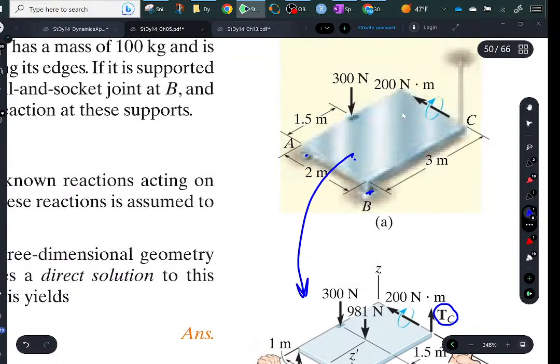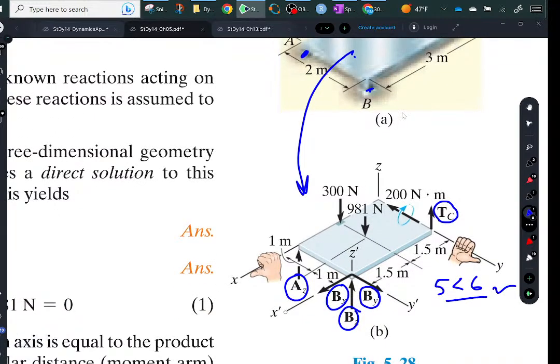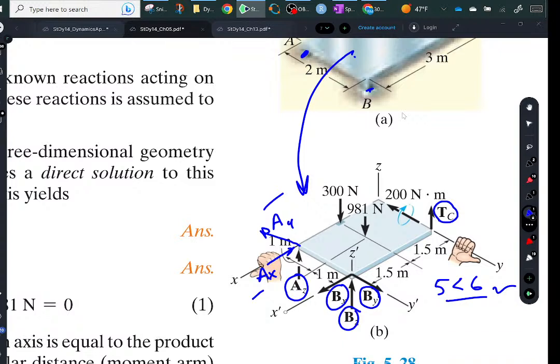However, if I made this welded or something, or a joint that had a Y and say an X, suddenly I'd have 5, 6, and 7, and I'm gone. And I can't solve it.